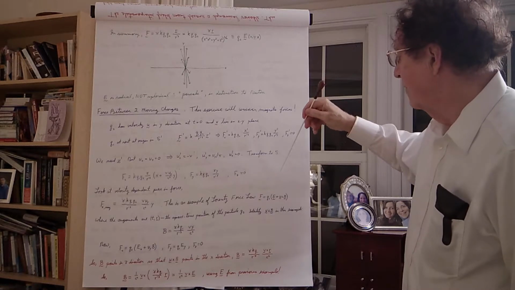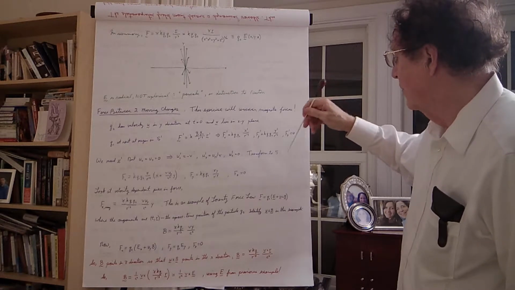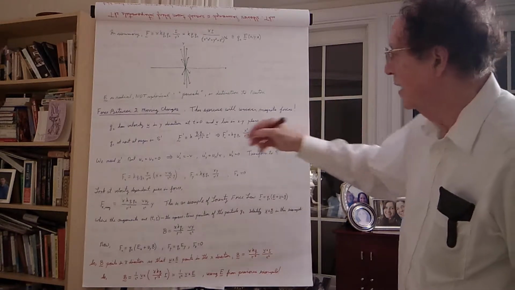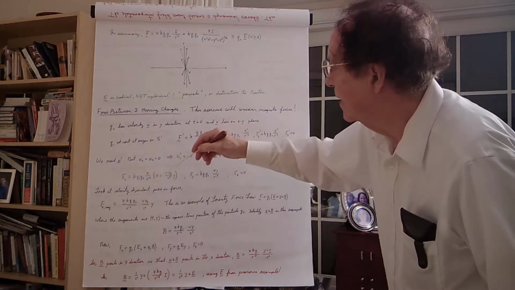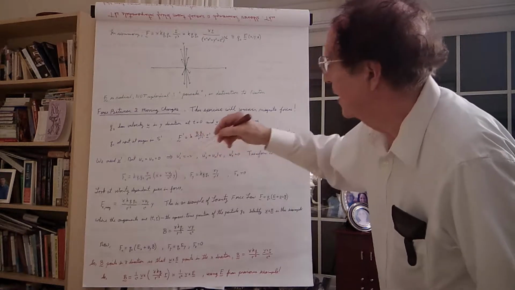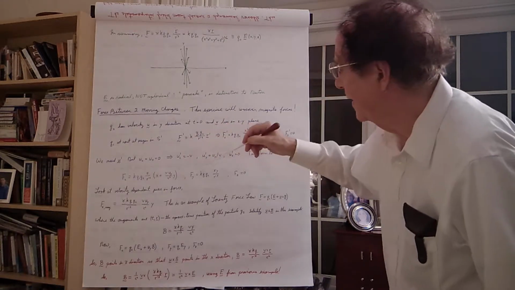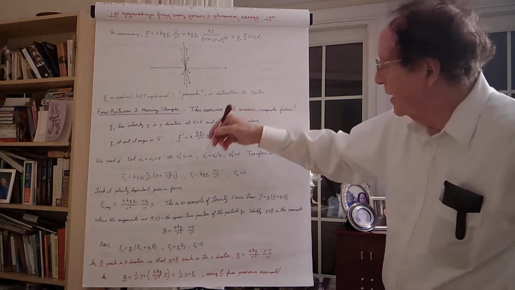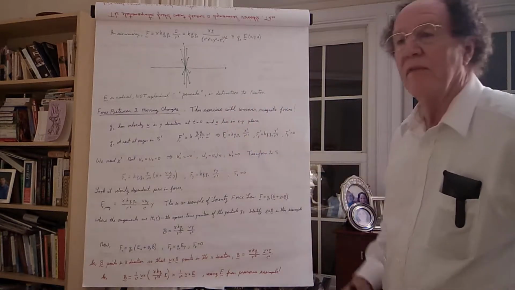I pull out the factor of Q2 and the factor of U, and everything left behind is what I call B. That's what the formula says. So that's all I've done here. I pulled out Q2, and I pulled out U sub y, and then I have B, the magnetic field, left behind. I see that it's proportional to the velocity V.